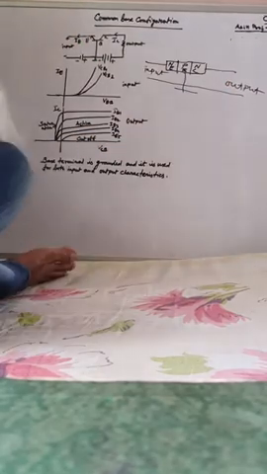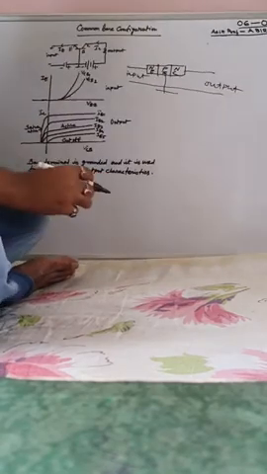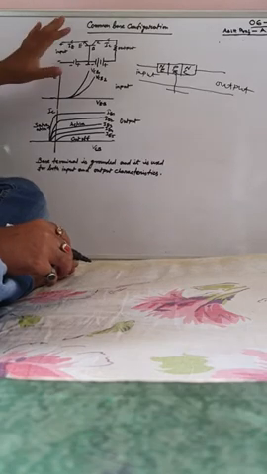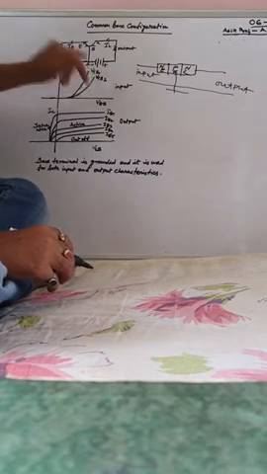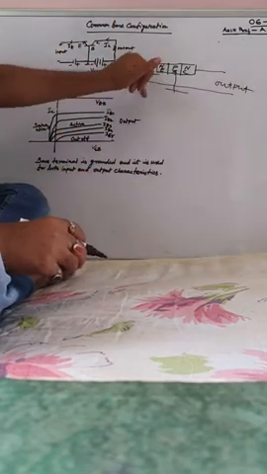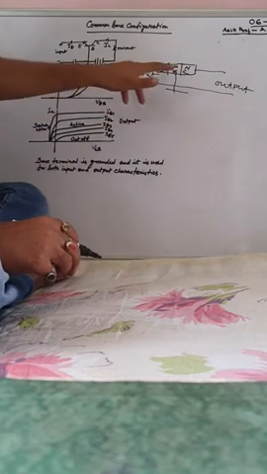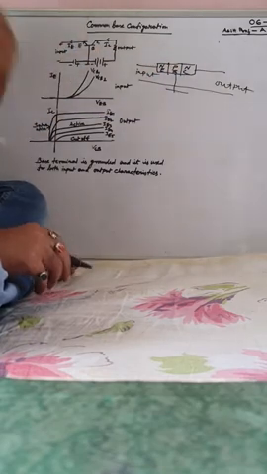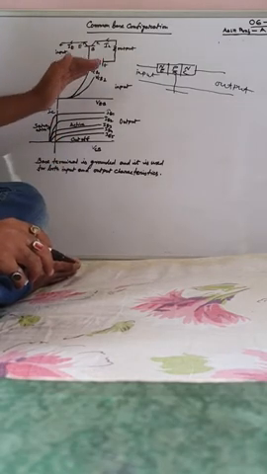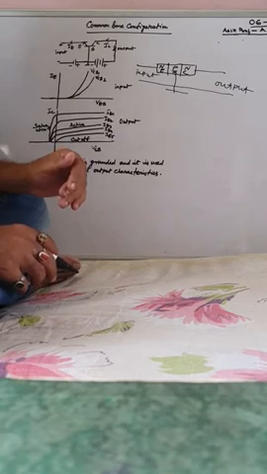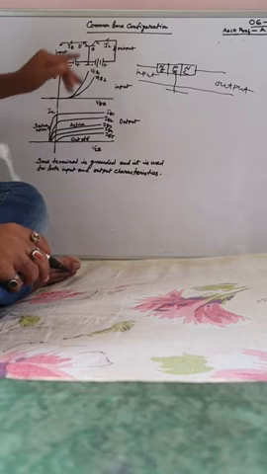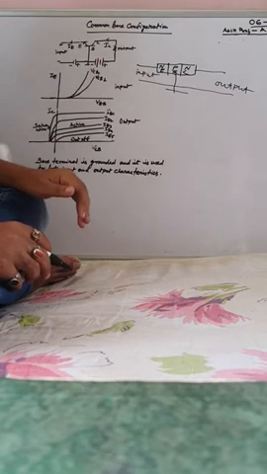In the input characteristics, the output voltage is constant. This is an NP junction, between base and emitter, so it will behave like a PN junction diode. The curve is exactly equal to that of a PN junction diode, keeping VCB, the collector to base voltage, constant.